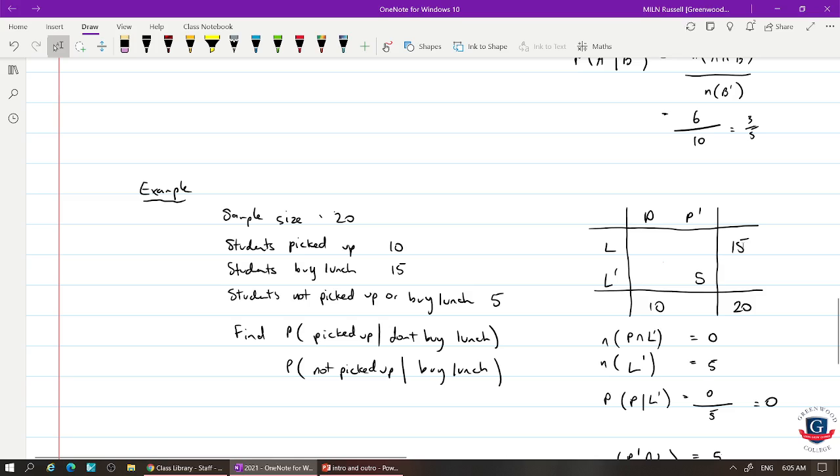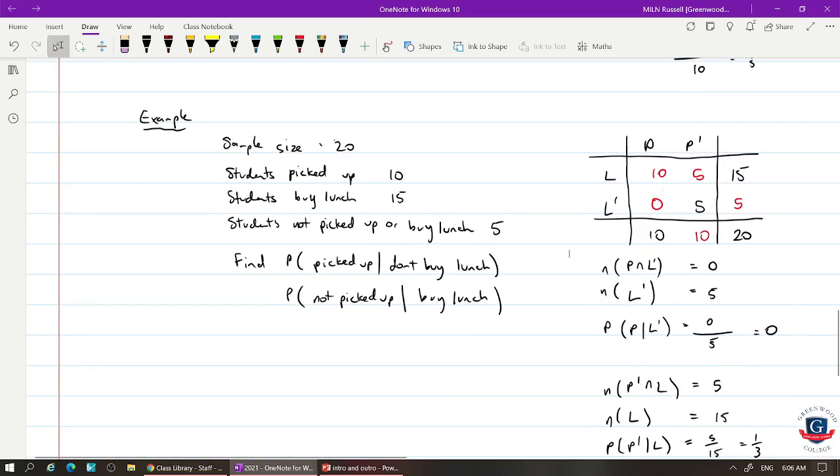Students that buy lunch is 15, here it is over here. And students not picked up and don't buy lunch is 5, that goes here. Once I do that, I can start to fill the two-way table in. That will be 5, that will be 10, that will be 5, that'll be 0, that'll be 10. Okay, done.